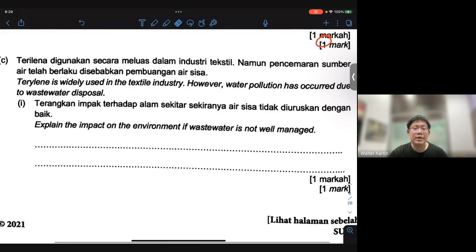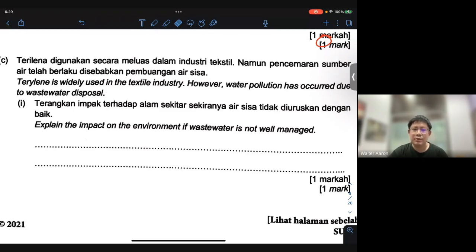So you can put here, most of the time wastewater definitely means factory effluents or different types of chemicals spilling. So most of the time, right, the easiest answer to give is actually the death of aquatic organisms. I mean, there's a lot of other answers you can give, all right? For example, you can say it may release harmful and toxic chemicals, right?